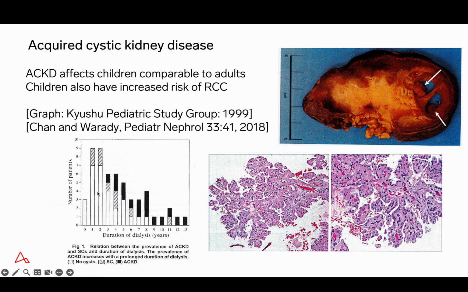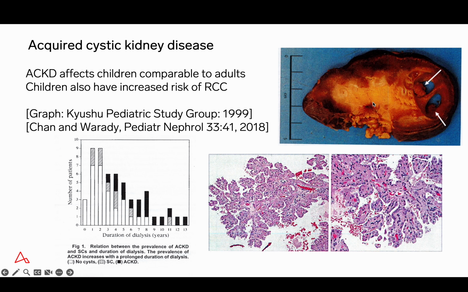The white bars indicate no cysts, the hatched bars indicate the presence of one cyst, and the black bars indicate the presence of acquired cystic kidney disease. And you can see, similar to adults, by the time an individual is on dialysis for 9 or 10 years, almost every patient will have acquired cystic kidney disease. Furthermore, they similarly have an enhanced risk for renal cell carcinoma.